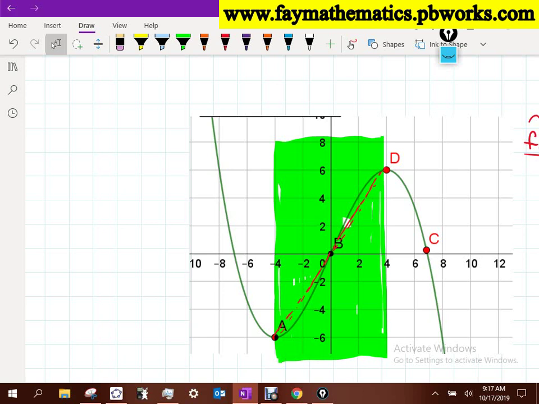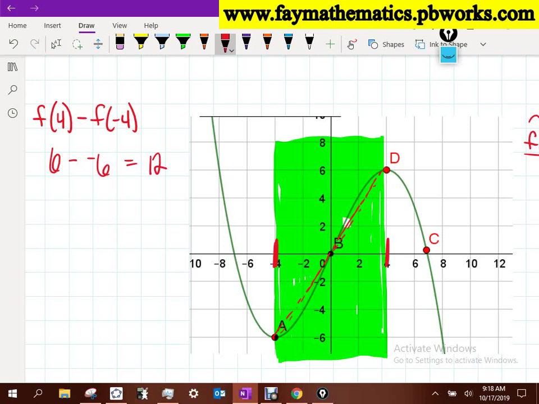Well, if I say f of 4 minus f of negative 4. So 4 would be this x value here. Negative 4 is that x value. So f of 4 is what amount? 6. Minus f of negative 4. Negative 6. That gives me 12.